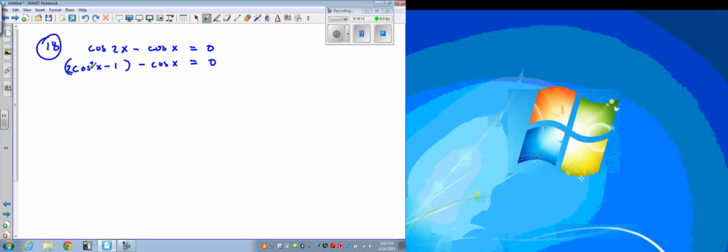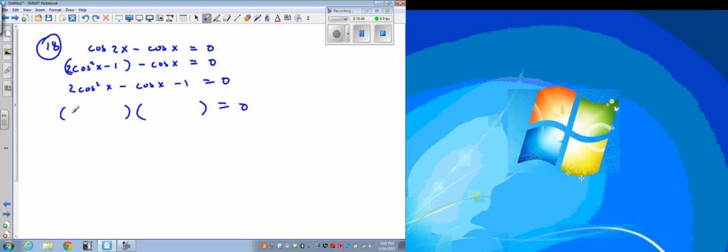Now what you want to do is write this, see, this is a second degree polynomial. Write it in descending order: 2 cosine squared x minus cosine x minus 1 equals 0. So that is a second degree polynomial in 3 terms. You can factor that, can't you? And you got 0 by itself on one side.